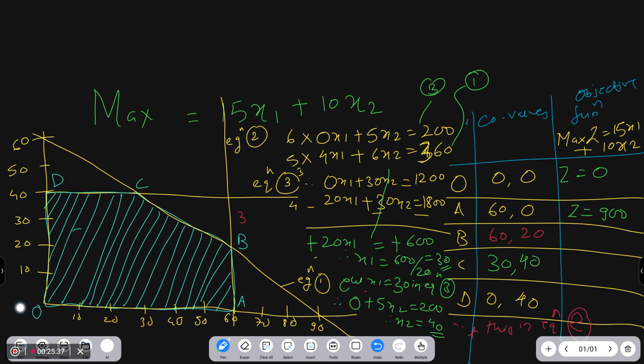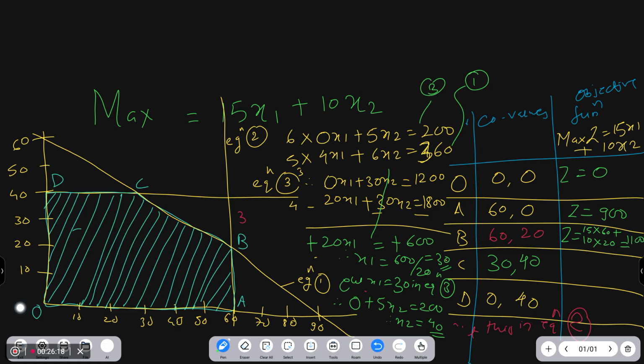You have to do it on the calculator. You can use a calculator and very quickly just tell me the multiplication. Here 15 multiplied by 60 plus 10 multiplied by 20. What is the final answer of this one? Use a calculator and quickly tell me. What is it? 11?